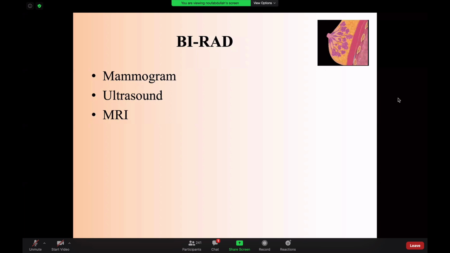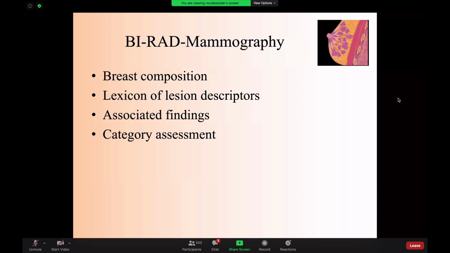Once you master the BI-RADS of these 3 modalities, breast imaging would be very easy for you. It needs a little bit more experience, but with more practice, if you read more and see more cases, you will find that at the end, breast imaging is not difficult.